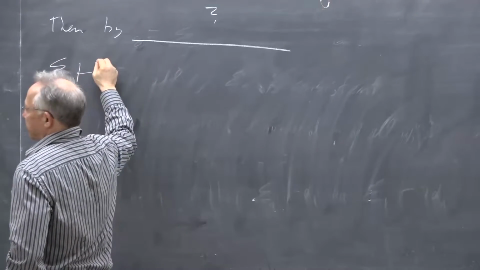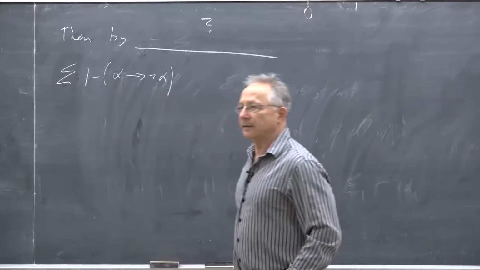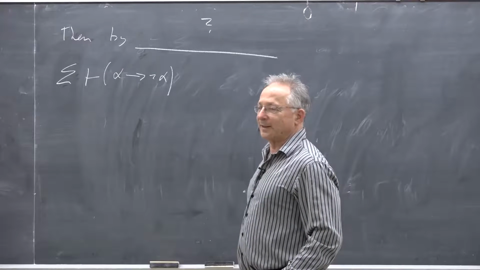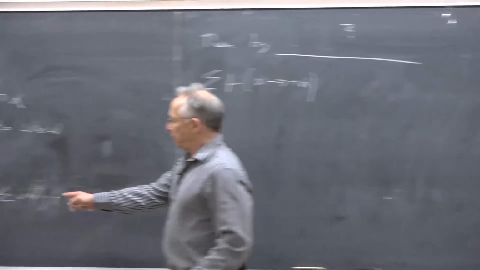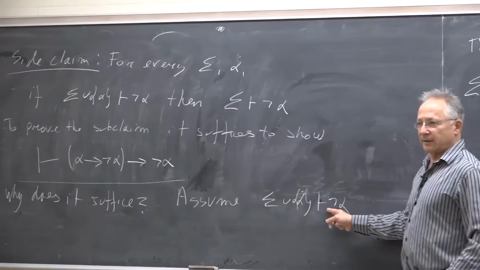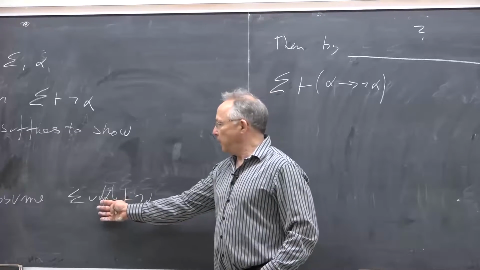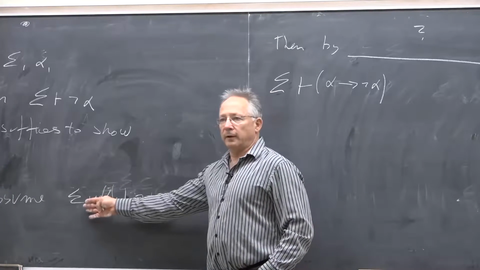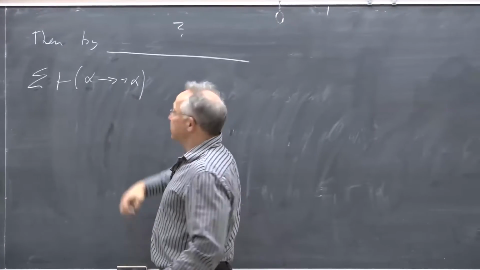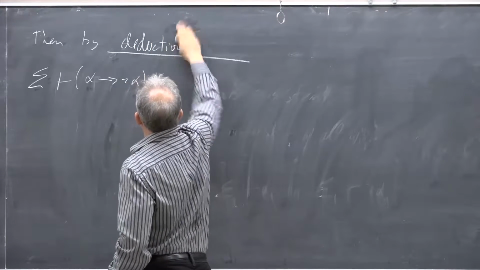Sigma proves that alpha arrows not alpha. It's the deduction theorem. Because what I did is I took the alpha from here and moved it into the head of the arrow. You see what happened here? I had alpha as an assumption, and now I got it out of the assumptions, and I have only sigma here, and I have it at the head of the arrow. So this is the deduction theorem.